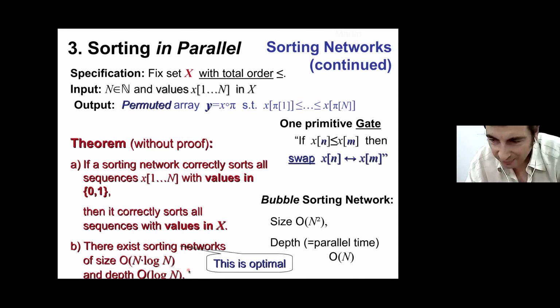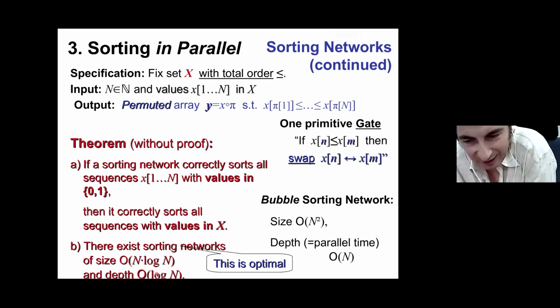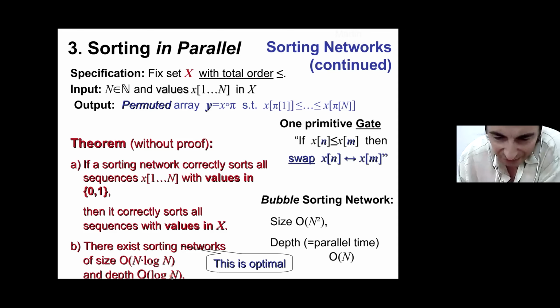Okay, so if you see here, our bubble sort, we were able to make it linear, but in fact what this theorem tells you is that there is actually a logarithmic time algorithm. If you allow parallel sorting networks, then there exist logarithmic time algorithms for parallel sorting, with the assumption that you allow an unlimited number of parallel comparisons at the same time.